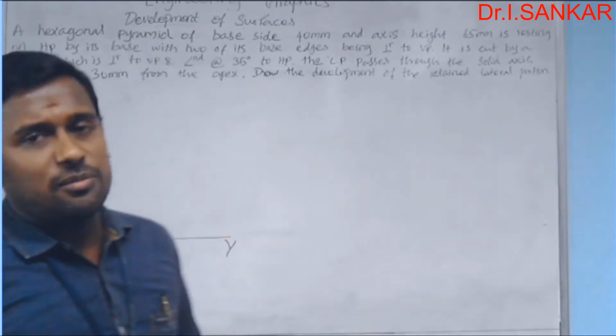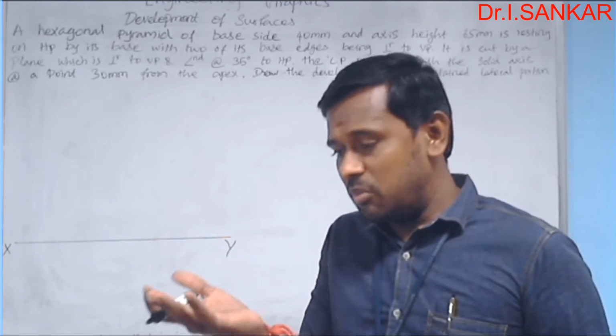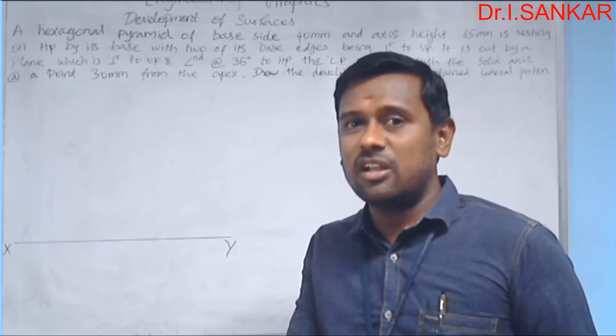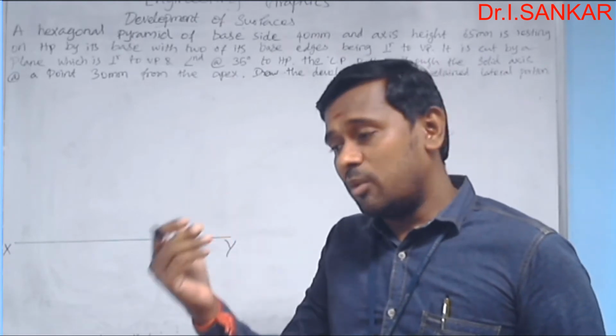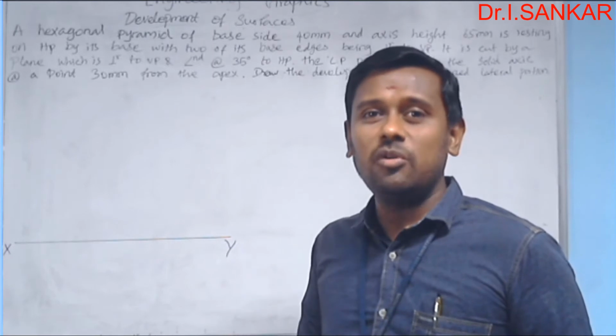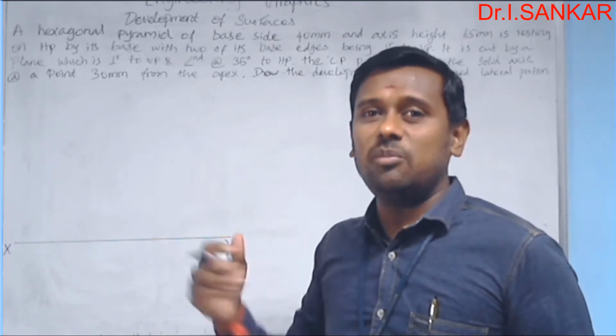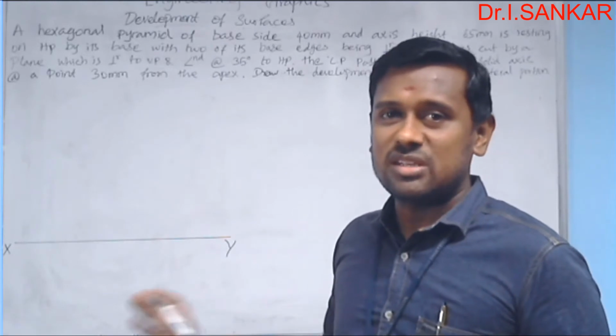Here the solid is simply standing on the horizontal plane in a simple vertical position, with the base of the solid in the horizontal plane. So the front and top views will be obtained. The base view of the solid is in the top view and the lateral view of the solid will be in the front view, in the simple vertical standing position of the solid.